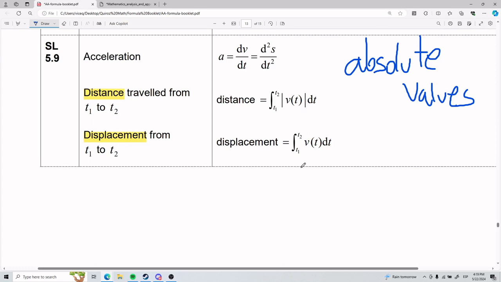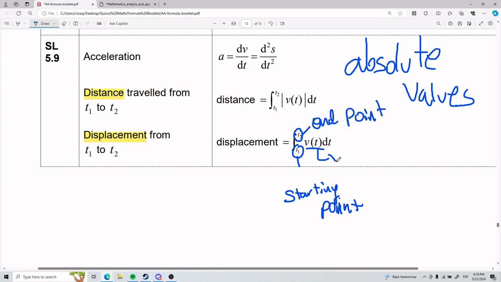What's really going on here, you guys, is that t1 is going to be your starting point, okay? And t2 in this context is going to be your end point, all right? And all you need to do is plug in your velocity function and do the integral with respect to time, right? That's what's really happening.